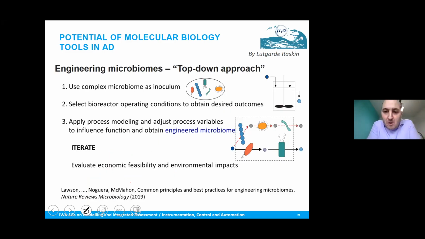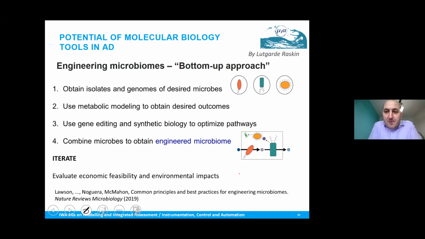When using this top-down approach for engineering microbes, one should use the most complex microbiome as inoculum to have high diversity, select the proper bioreactor operating conditions to obtain the desired outcomes in the process, apply modeling, adjust the process variables in continuous bioreactors to influence or tailor the function and to obtain an engineered microbiome, iterate to optimize the process, and finally do a techno-economic feasibility evaluation and also an environmental impact evaluation.